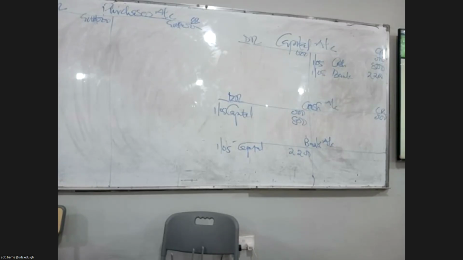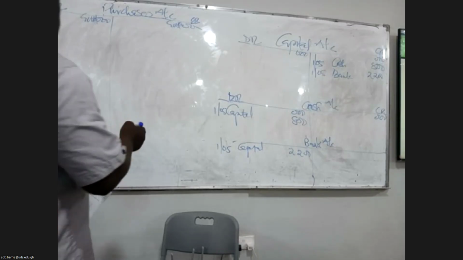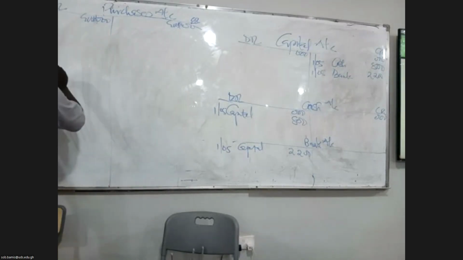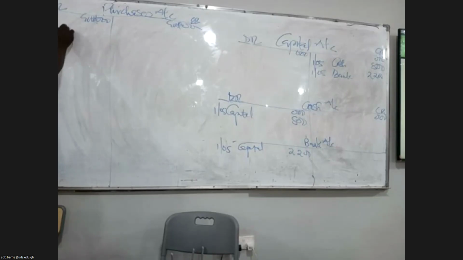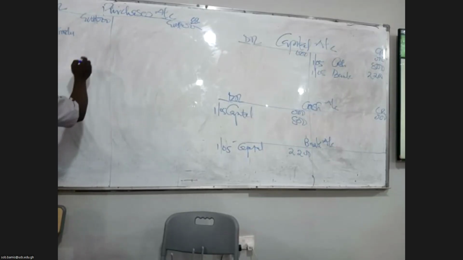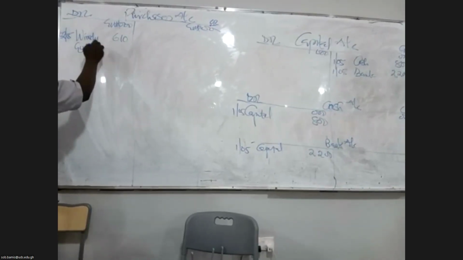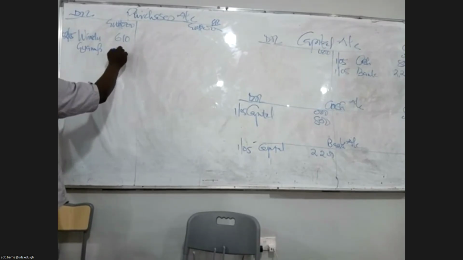So here, the date is the 2nd of May. How much is it? 610. Then Genfi, 214.